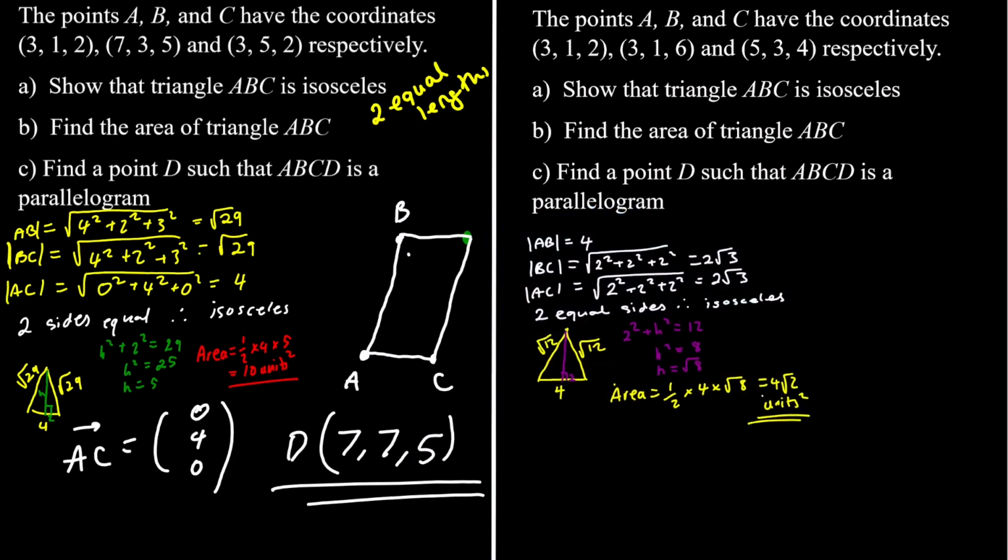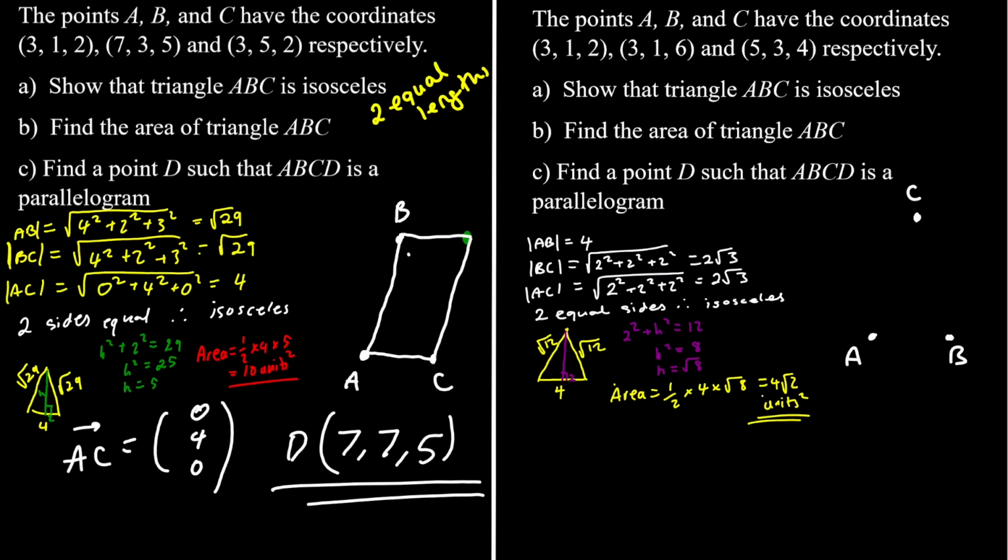And part C, find the point D such that ABCD is a parallelogram. So again, we've got 3 points that make an isosceles triangle at the moment. And they are, so A to B was our base.